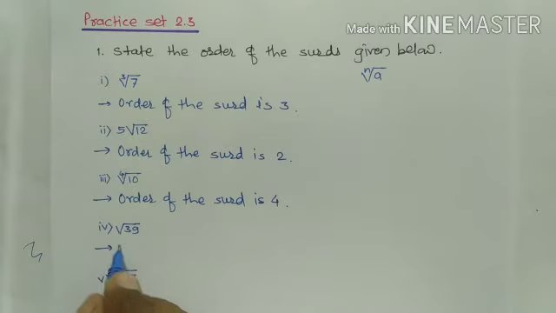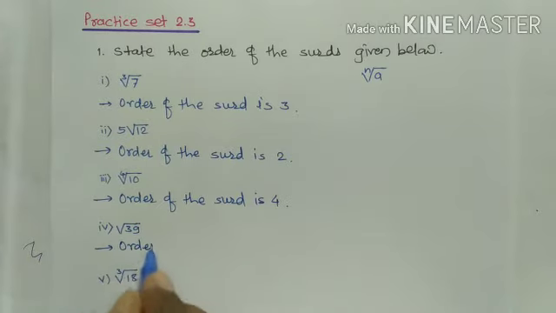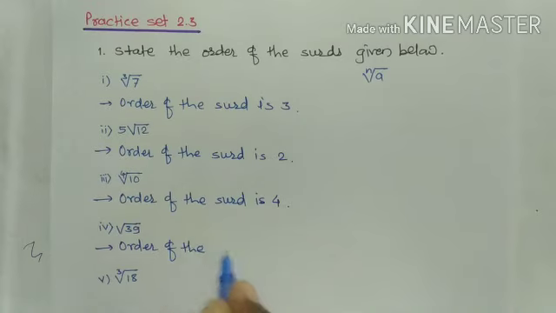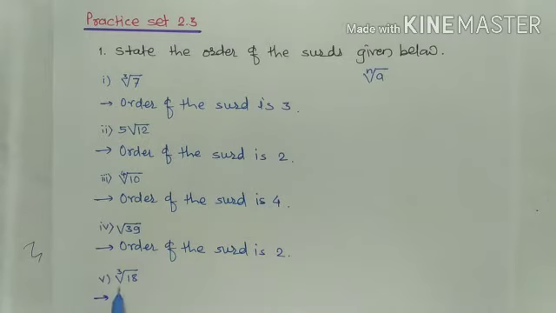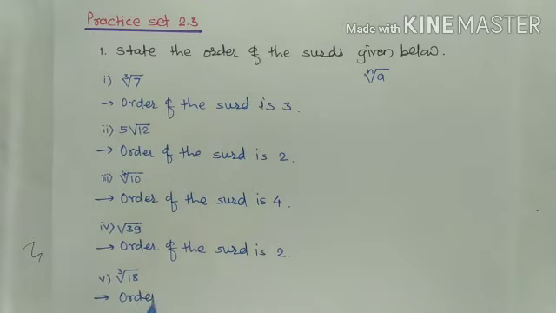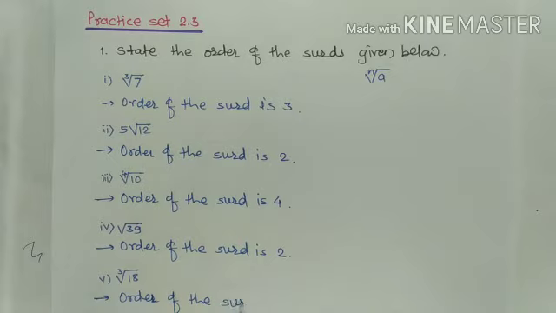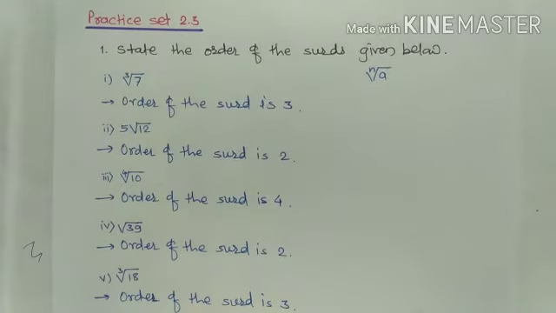Therefore here we write the answer. This order of the surd is 2. Now in this example, this is the cube root of 18. So the order of the surd is 3. त्यामुळे या सर्डची ऑर्डर 3 आहे.